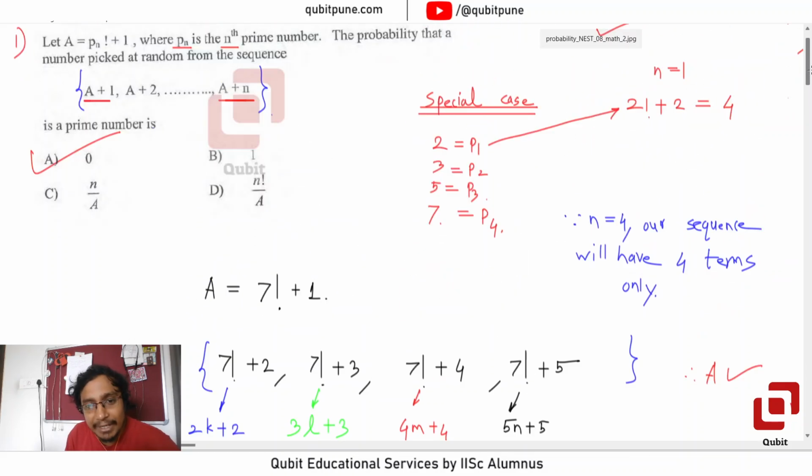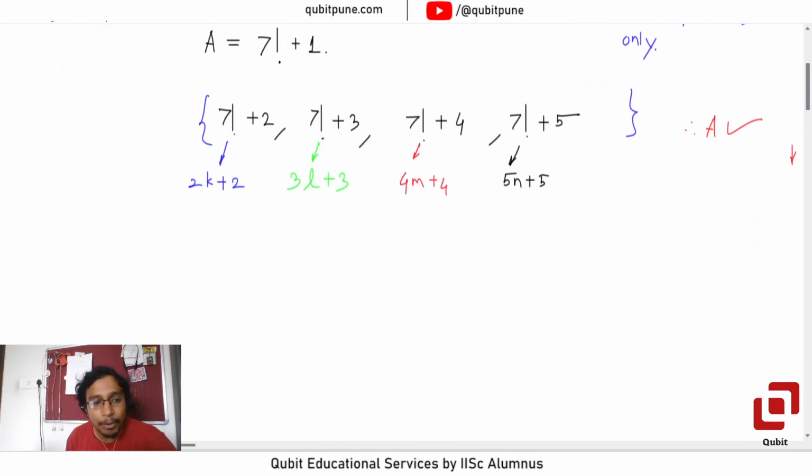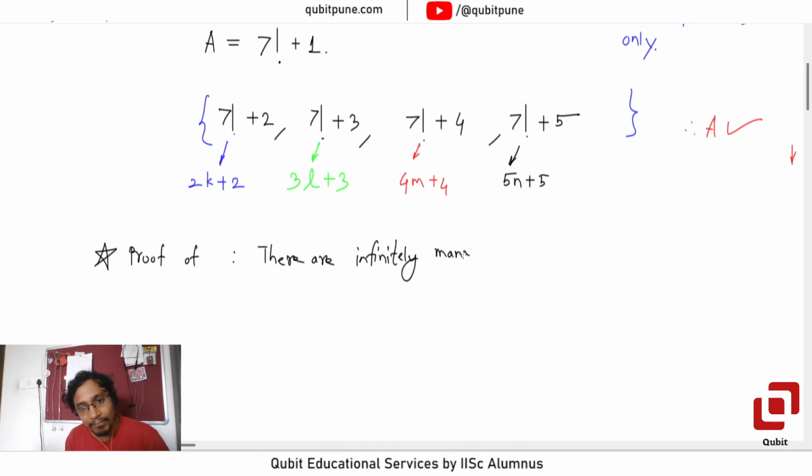Yes. In fact, there is a very popular proof of the fact that there are infinitely many primes. So the proof works like this. We assume the contradiction, or rather the opposite.